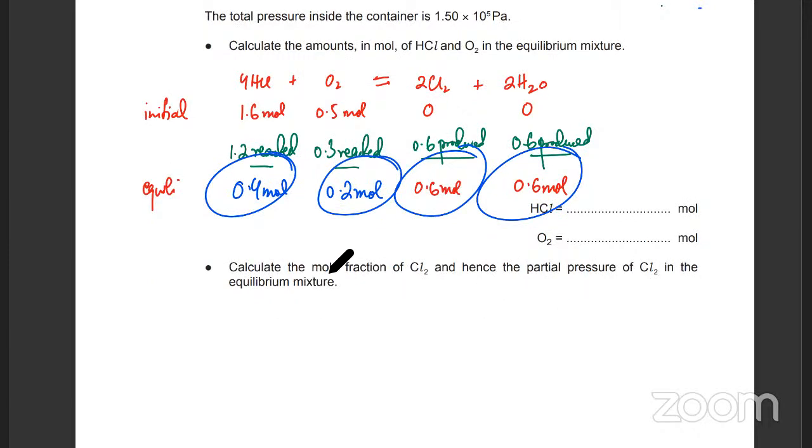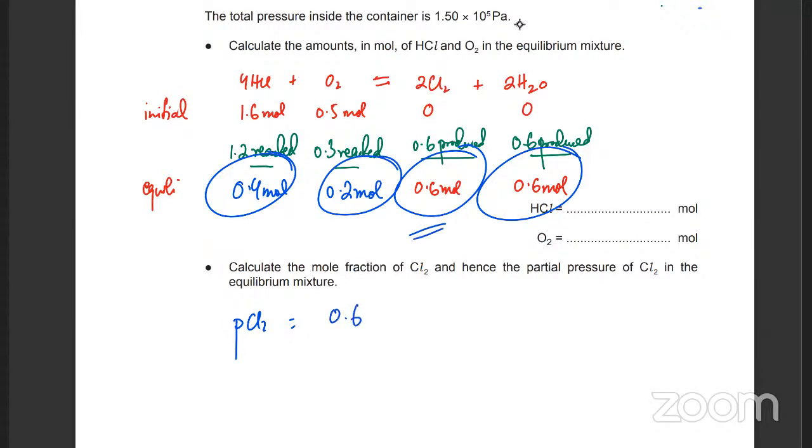So what is the mole fraction? I'll do it in one step. What's the partial pressure exerted by Cl2? What's the total pressure? The total pressure is given over here. That's 1.5. So it's the mole fraction of Cl2, this one.